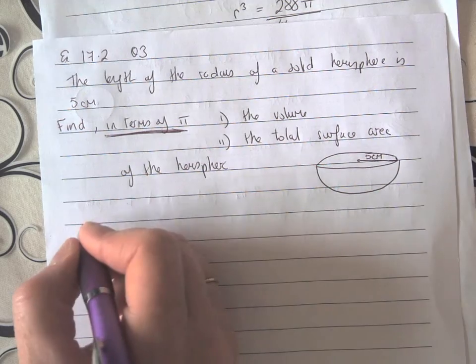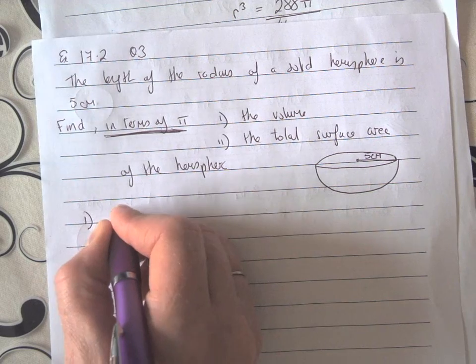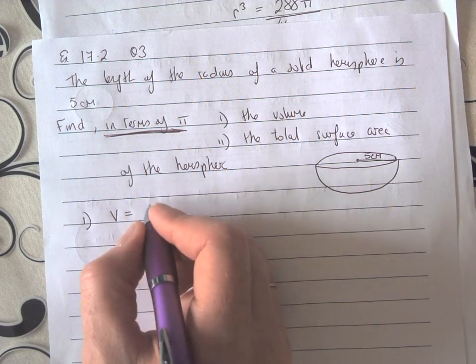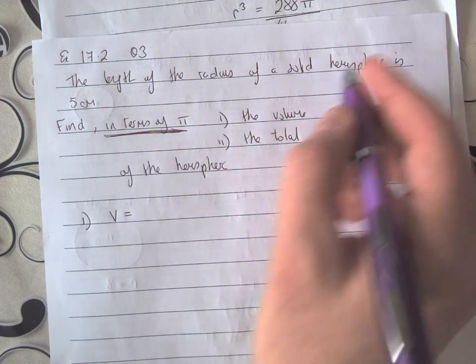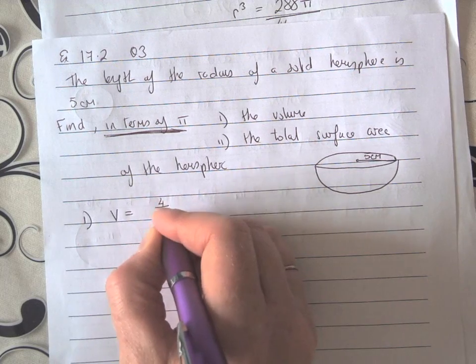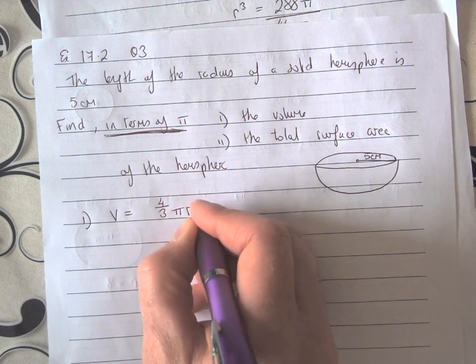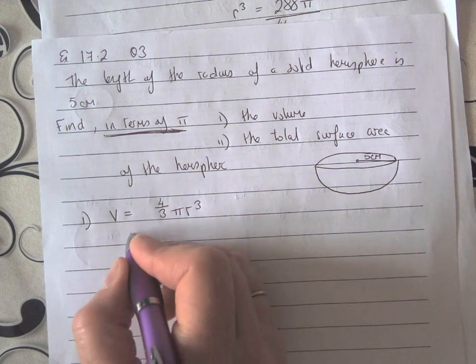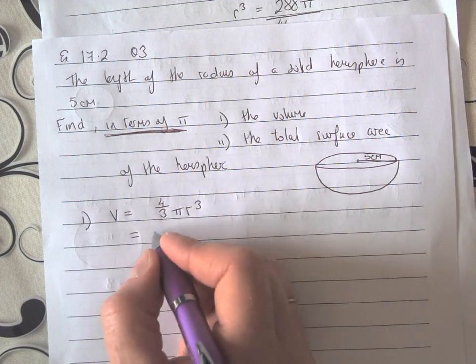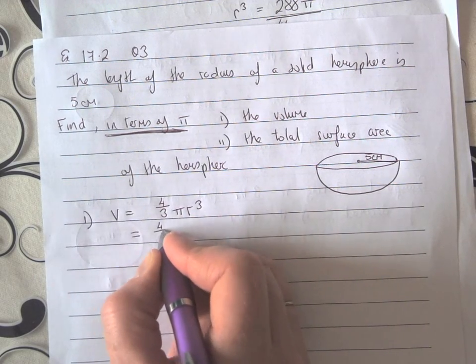So part 1, write down your formula for volume. So it's a hemisphere, so 4 over 3 pi r cubed. Okay, so this is the full sphere. We're going to have our answer afterwards.